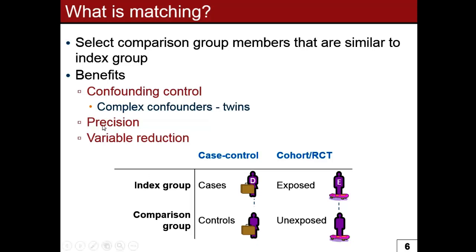And that suggests this other piece, which is variable reduction. I could explicitly measure a whole bunch of confounders and put them in the model, but that means I have to measure 50 things, 100 things. I might just say, no, I'm going to match based on neighborhood, and that's going to control for all that's going on in that neighborhood. It's a single entity, just neighborhood, and I don't have to explicitly measure a whole lot of stuff. So these are all intertwined reasons why you might want to match.